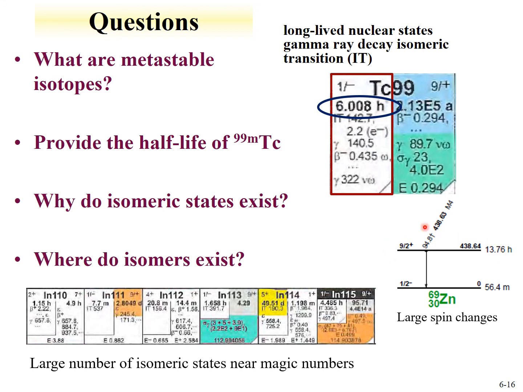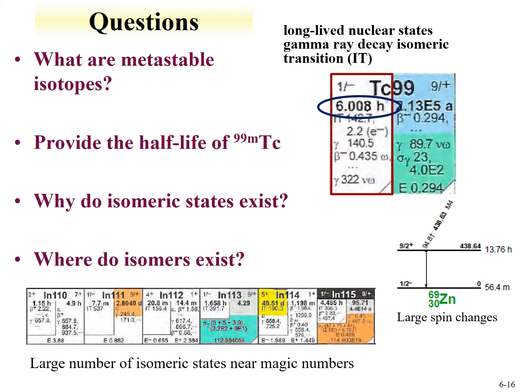That's because this nuclear excited state has a spin and parity of 9/2 plus, while the ground state has a spin and parity of 1/2 minus. So there's going to be a large spin change along with a parity change. This is forbidden to a large extent, so the probability of that transition is small, and for that reason the half-life is long.